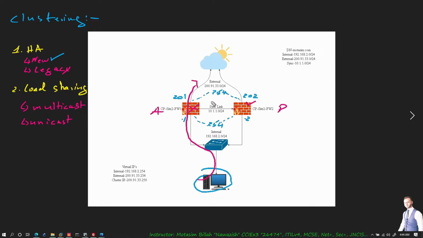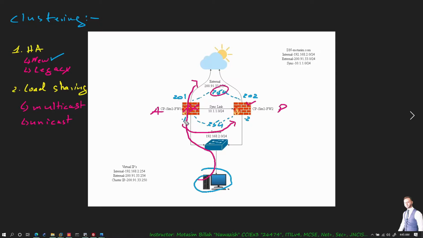In the legacy mode, you will not have this virtual IP address. What would happen is that all the internal clients would have the primary or active gateway's IP address assigned as their gateway. In case this goes down, this IP address would automatically get assigned to the passive gateway.